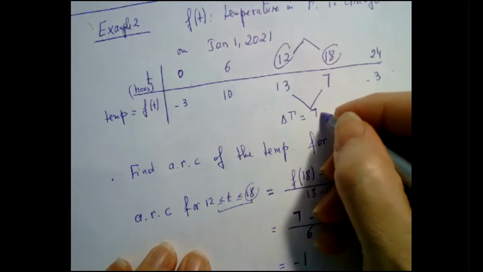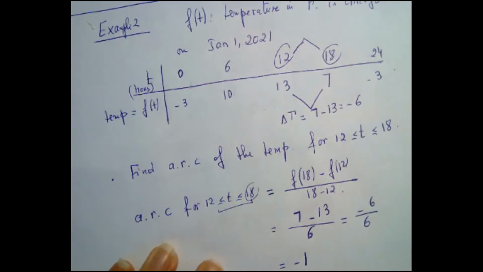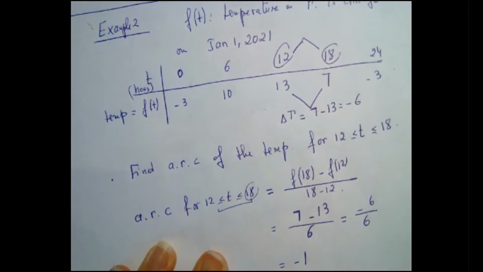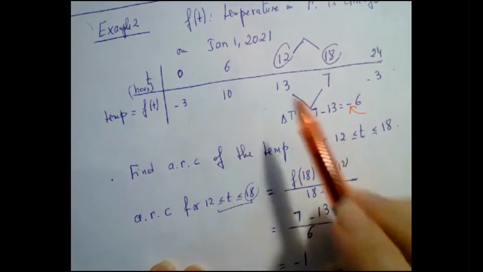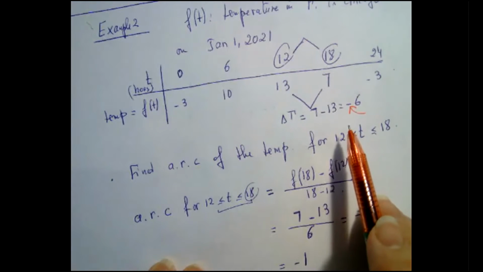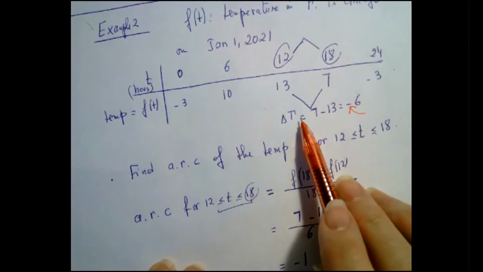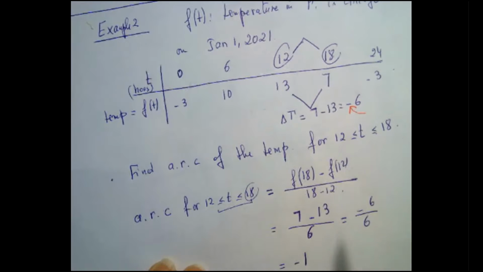So it's 7 minus 13, which is -6. The minus is important because the minus tells me what's going on between 12 and 18. The minus tells me that the temperature decreased by 6. So the minus is an important part.